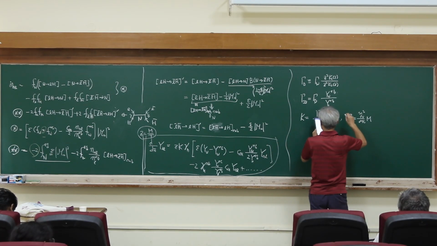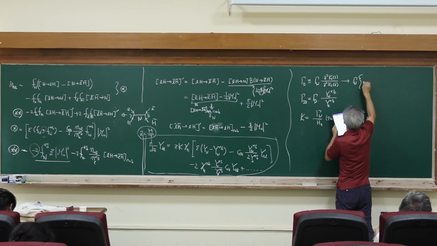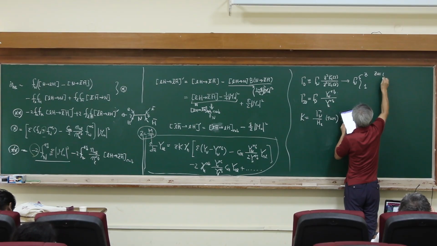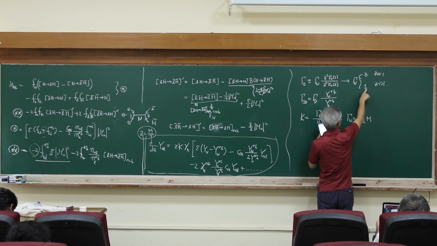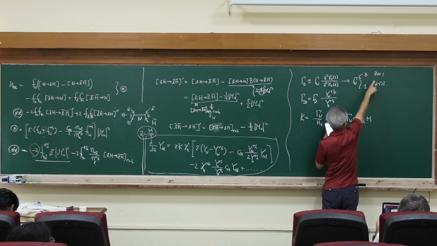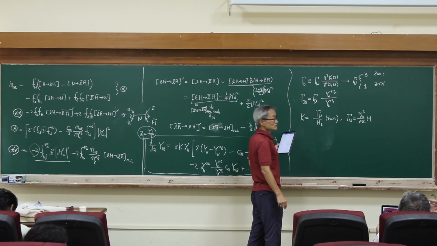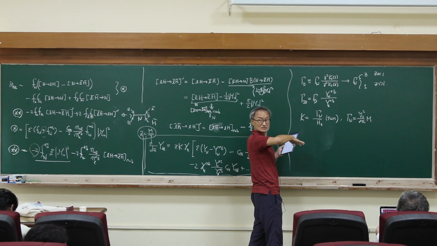Then gamma_D goes like gamma_N times z over 1 for z much smaller than 1, and at low temperature it goes to 1. At high temperature, this decay rate goes like m squared over T, so at higher temperature decay is suppressed.